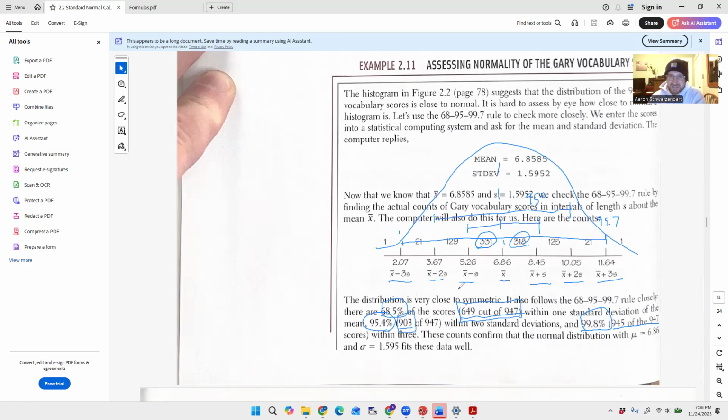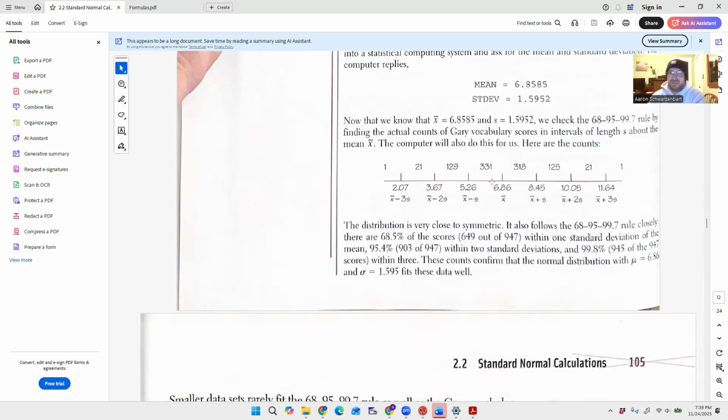Add everything up to get the 903, the 129 plus 331 plus 318 plus 125. All adds up to 903 divided by 947, and you get 95.4. Compute the 945. Okay, that's method one. That one's pretty tedious, especially if you don't have the counts.